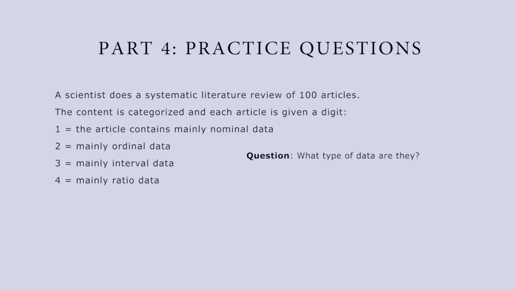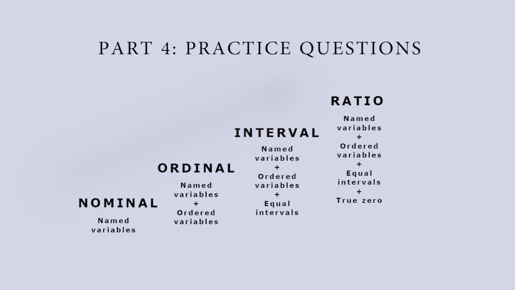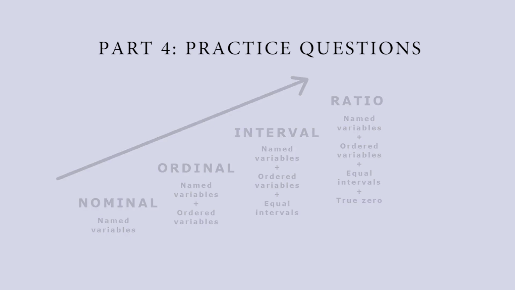What type of data are they? For me, it's reasonable to argue that this is ordinal data, if we assume that there is an order between the categories. The category ratio data is more sophisticated than interval data. Interval data is above ordinal data, and so on.